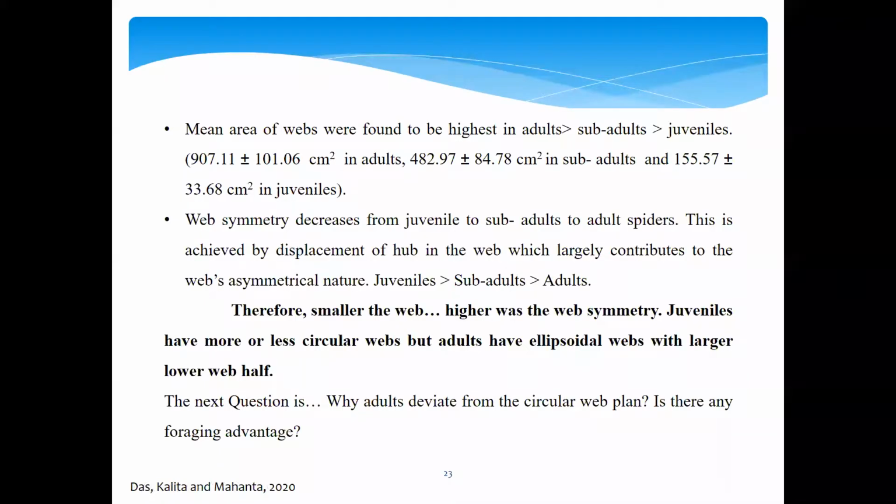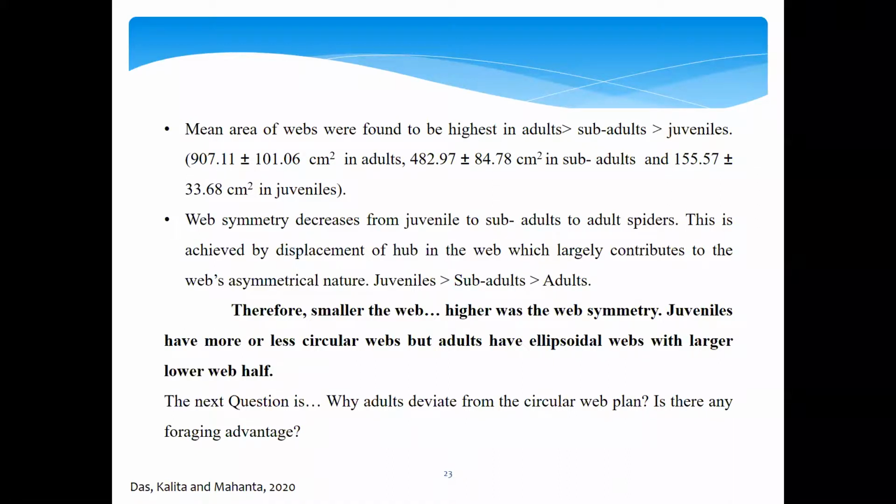So the mean total web area was highest in adults, followed by subadults and juveniles. That means adults build much larger webs and juveniles build smaller webs. And the web symmetry decreased from juveniles to subadults to adult spiders. This is achieved by displacement of the hub in the web, which largely contributes towards the web's asymmetrical nature.